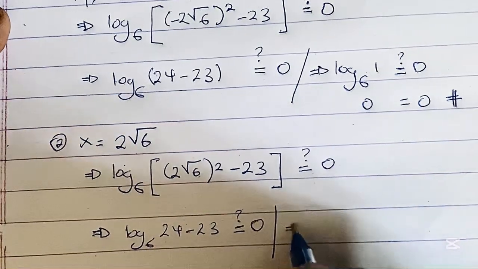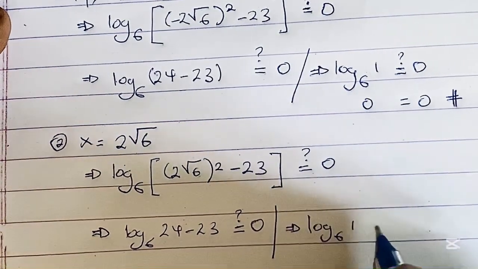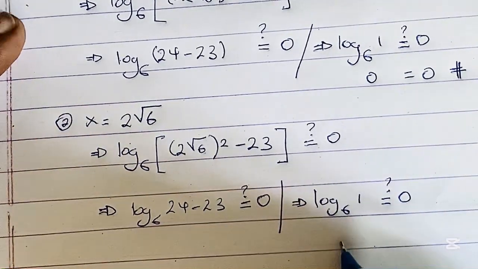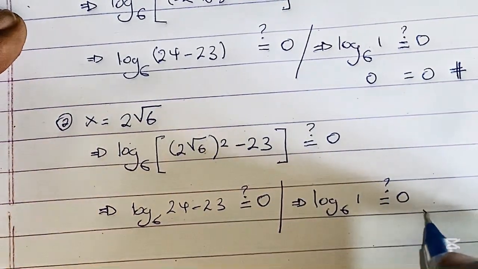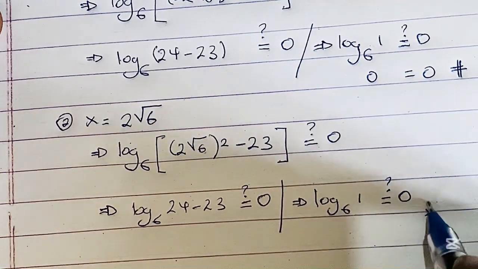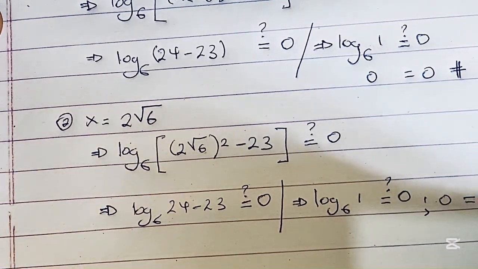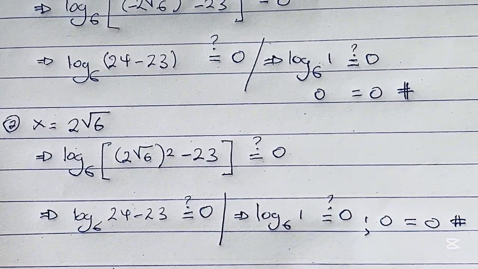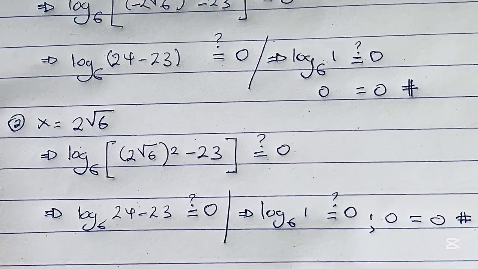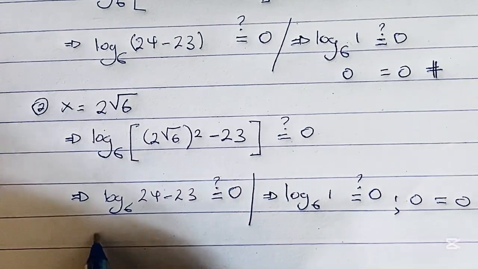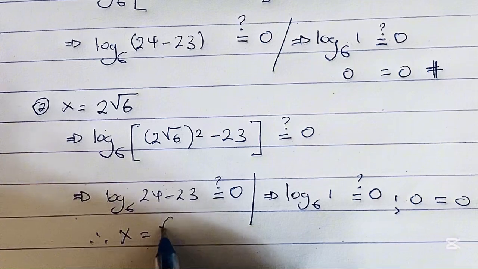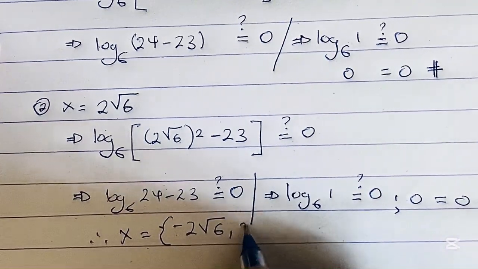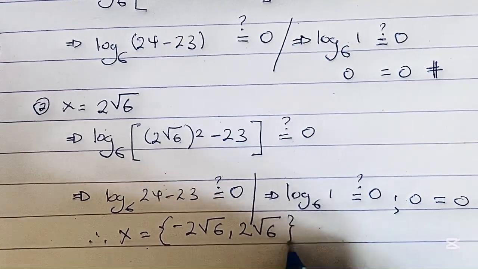And this is the same as log 6 of 1 should be equal to 0. And log 6 of 1 is 0. So therefore 0 is equal to 0. So x is equal to 2 root of 6 is also a correct answer. So therefore x is equal to negative 2 root of 6 and 2 root of 6.